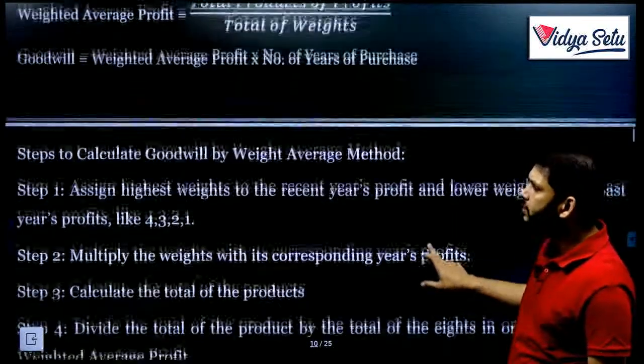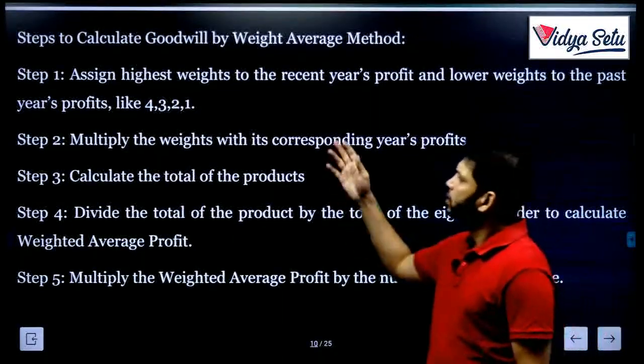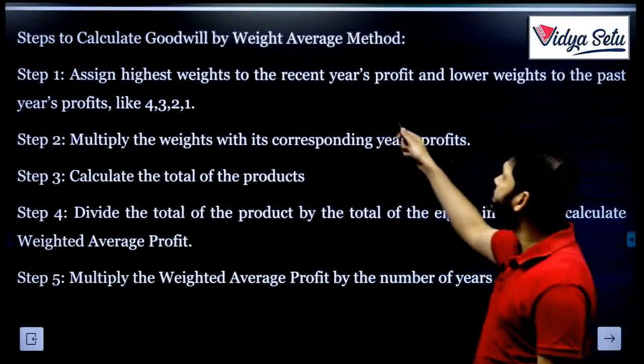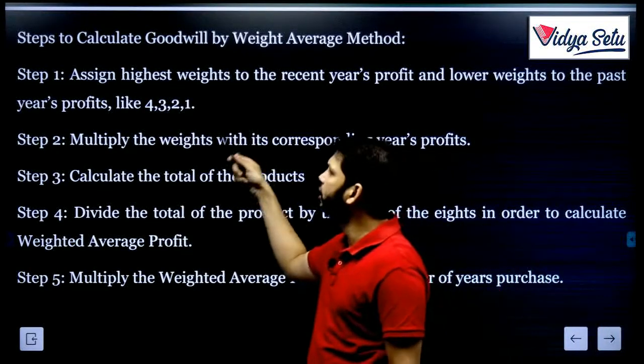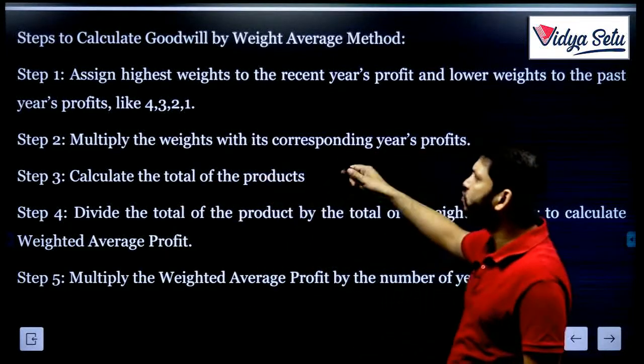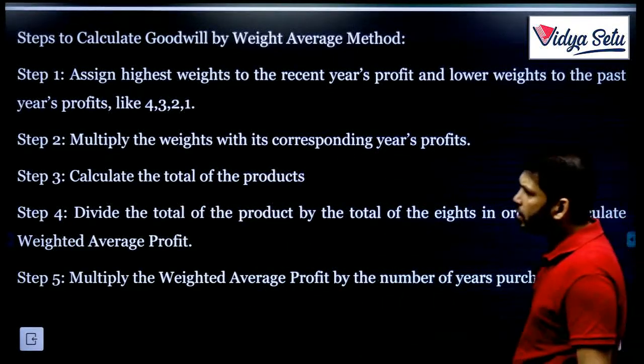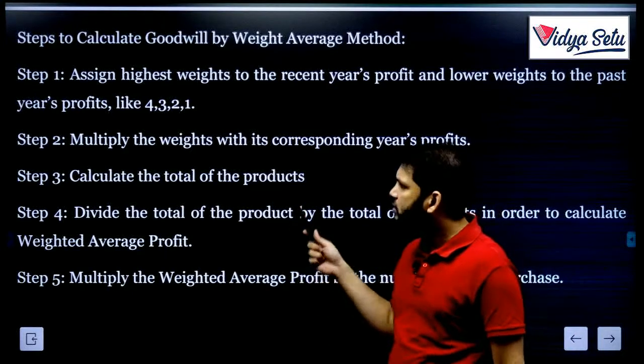Now, what are the steps? First of all, assign the highest weight to the recent year's profit and the lowest weight to the past year's profit, like 4, 3, 2, 1, like this. Multiply the weights with the corresponding year's profit. Calculate the total of the products.